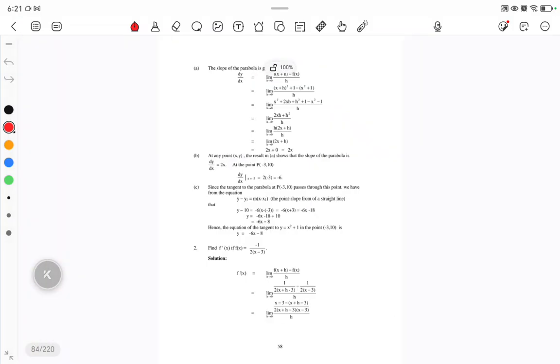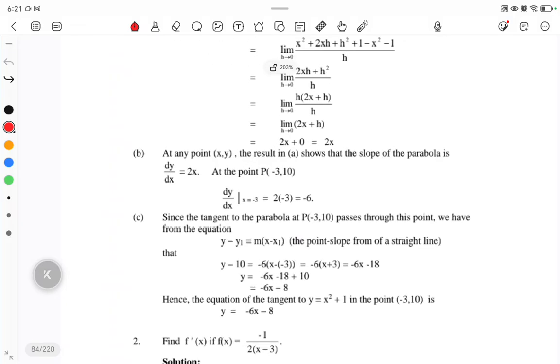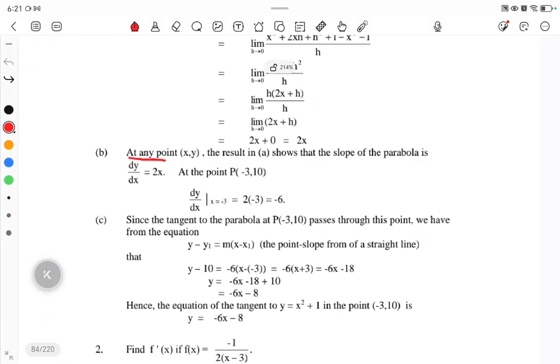If you check here, they say that at any point xy, the result in A shows that the slope of the parabola is this, right? And then at the point, now I want to check, this one is the slope of this at any point. You see, now I want to check it at P, minus 3, 10. Then we substitute that, we get minus 6. You see, right?